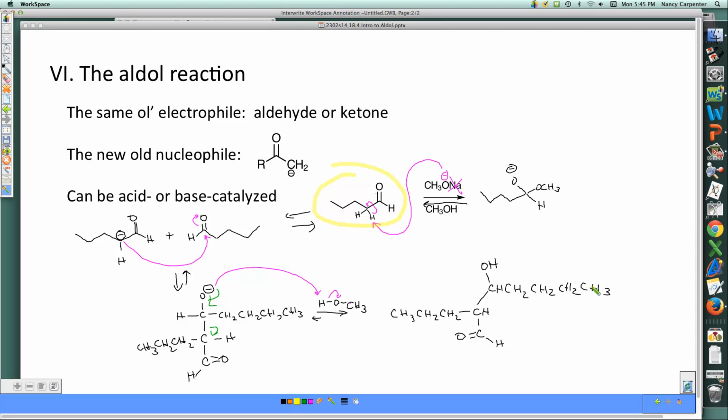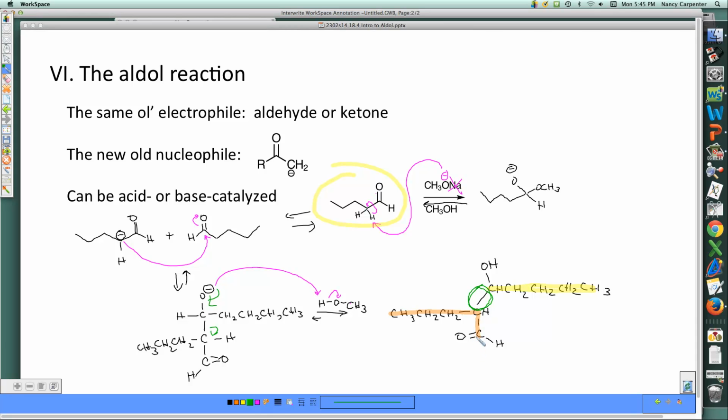So this is my pentanal electrophile, and this was my pentanal nucleophile. And here is my new carbon-carbon bond, and there's my aldol product.